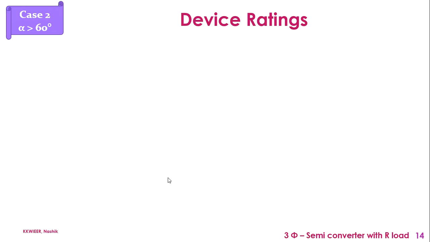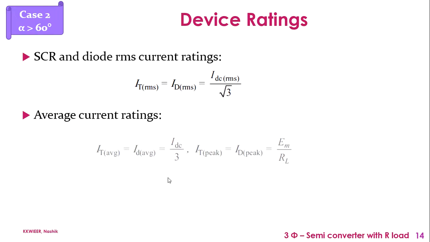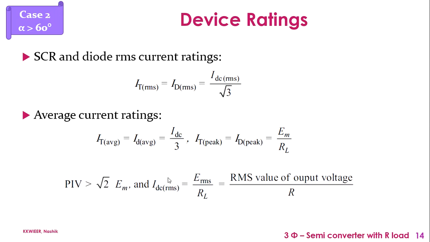For case 2, the IT RMS and ID RMS, that is the SCR and diode RMS current ratings, are given as IDC RMS divided by √3, whereas the average current ratings are given as IDC by 3, where the ID RMS, the RMS value of current, is given as RMS value of output voltage divided by R, V by R, which is nothing but the current.